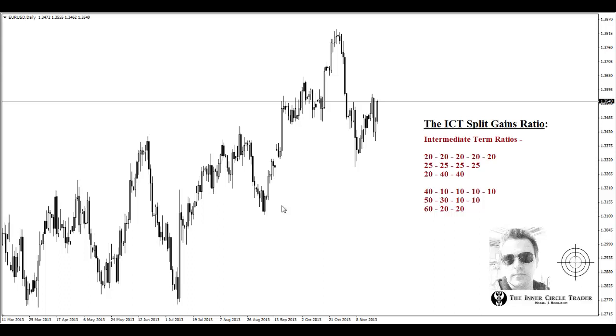Then for the first of the 3, you could look to take profit at a first objective. The positions would be set up so that you would have 2,000 leverage, 4,000 leverage, and then 4,000 leverage. So you're going to take the first 2,000 off at your first price objective.